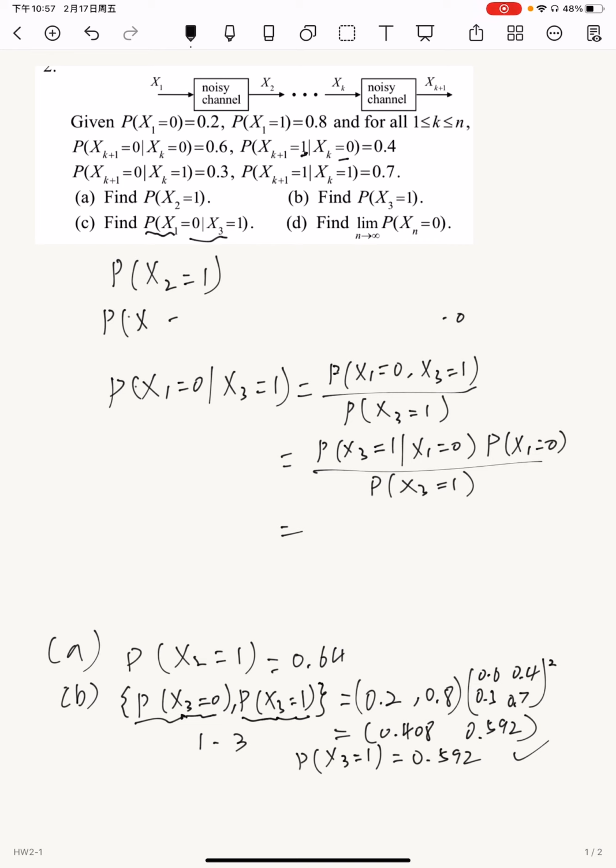we can calculate it: its matrix to the power of two equals 0.48, 0.52, 0.39, 0.61.